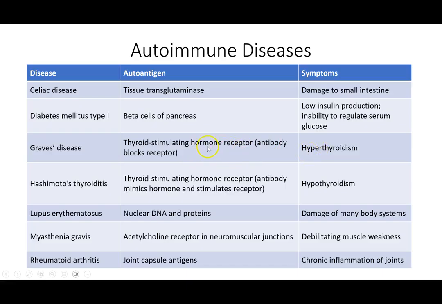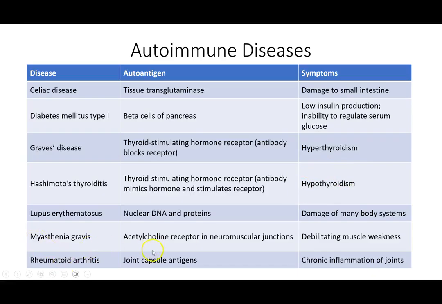So basically this is the immune system attacking these receptors and triggering the thyroid to overproduce those thyroid hormones. Hashimoto's is the opposite. We're still attacking that thyroid receptor, but in this case we are destroying it, and it is going to end up causing low production of those thyroid hormones, leading to hypothyroidism.